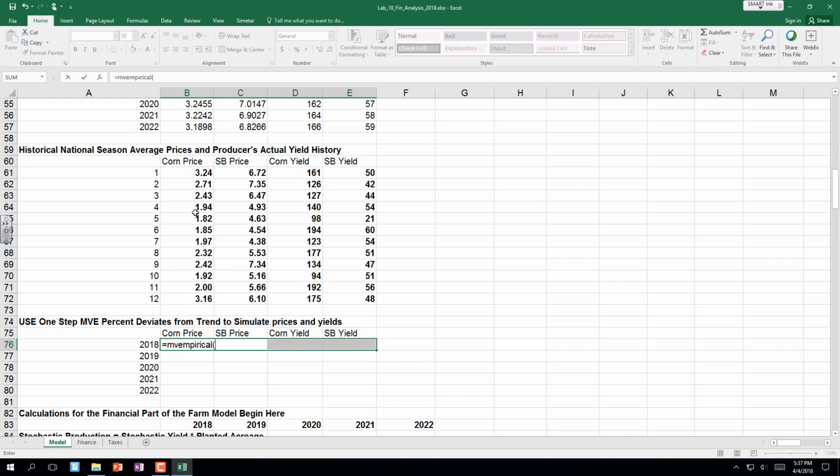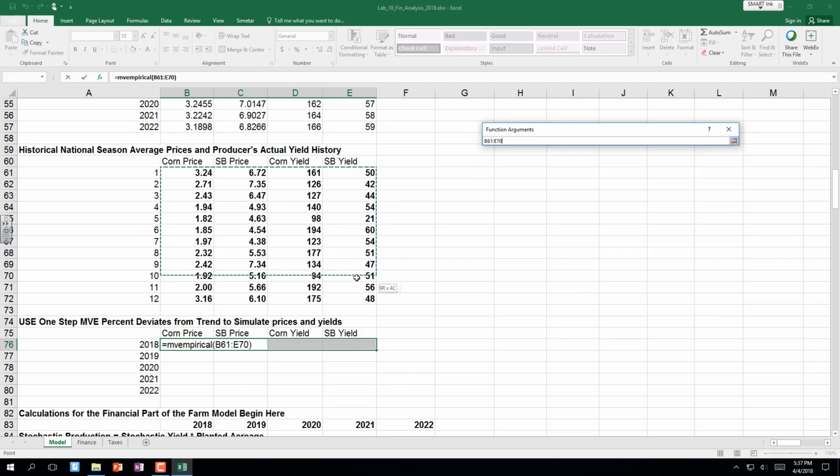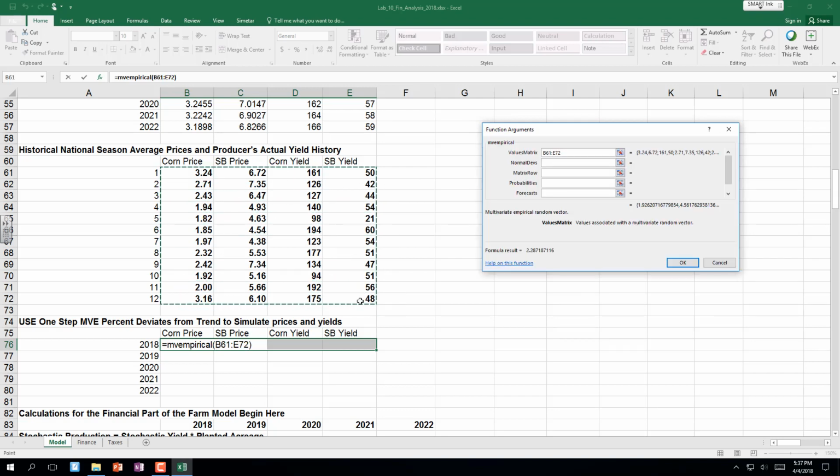Now, when you use that, I don't even remember all the parameters it needs, so we're going to go up here and use f of x. It says we need the values. So I'm going to highlight these values here, and we'll press F4. So I highlighted all the historical data for those 4 variables. Then it asks for the forecast for those variables.